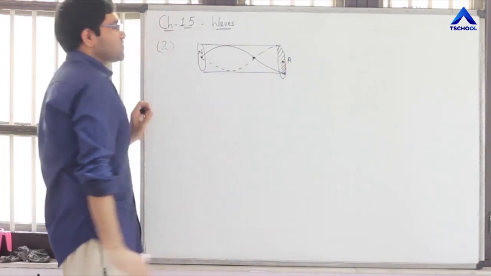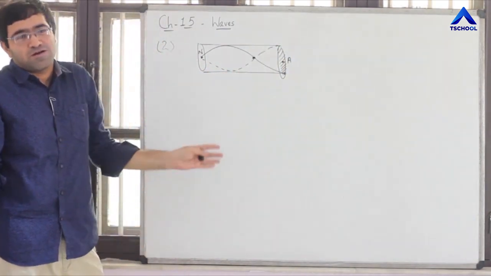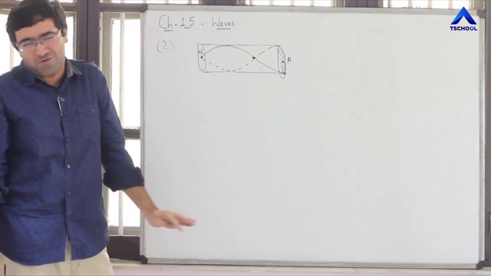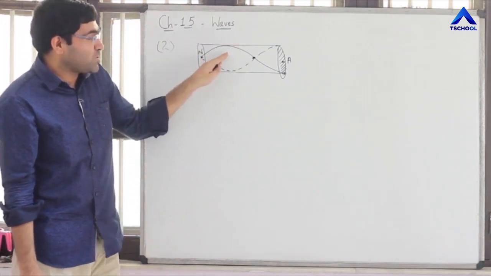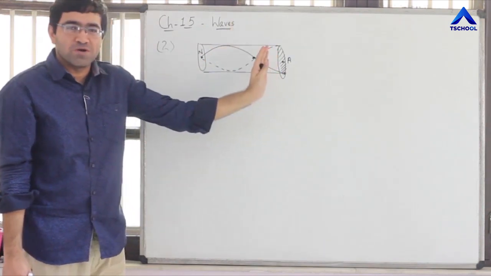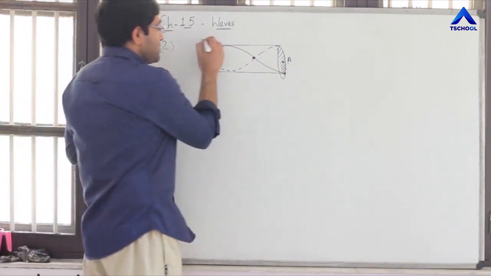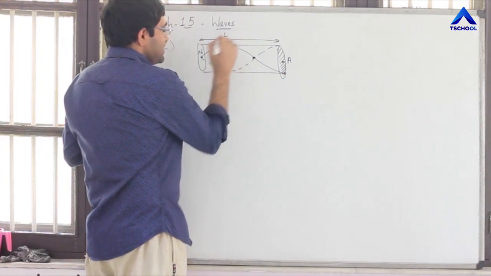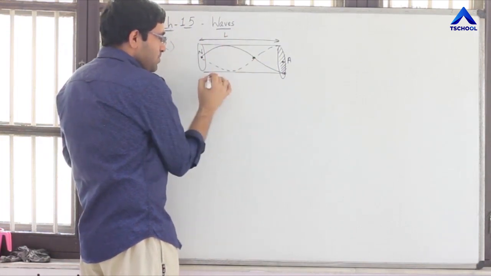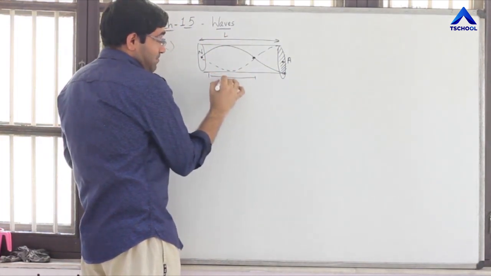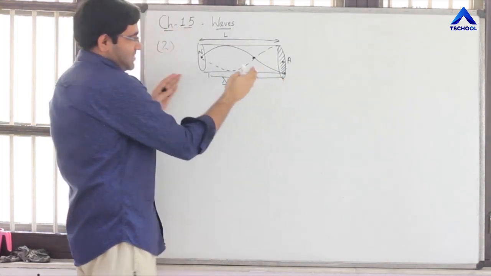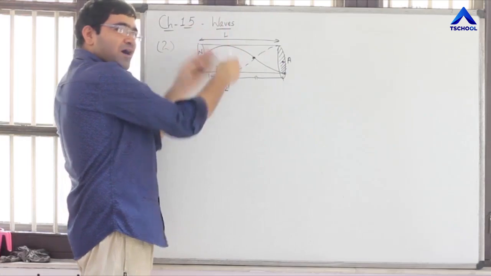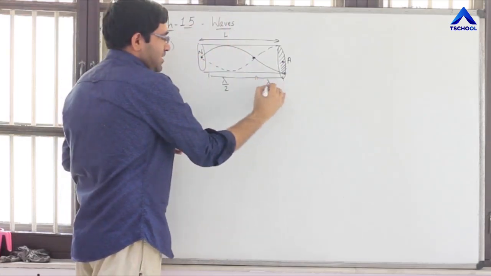We have already discussed the first one. So this is what it would look like. Well, it looks like fishes to me, very frankly. So we have one loop and one half of a loop. Again, the length of the pipe is L. The length of this loop should be lambda by 2, and as you can clearly see, this part is half of this one, so this length is lambda by 4.